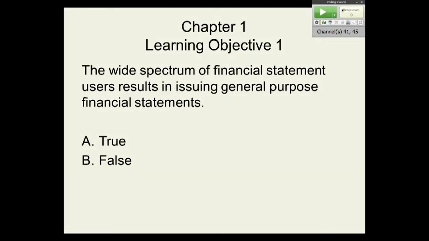The first question said that the wide spectrum of financial statement users results in issuing general purpose financial statements. A lot of these are going to be easy, so just sort of testing the waters a little bit here.